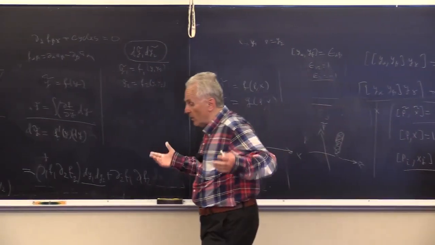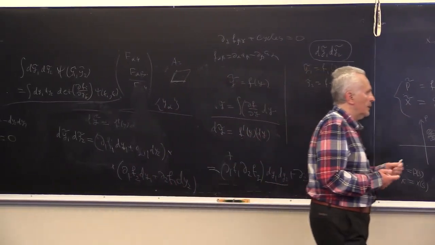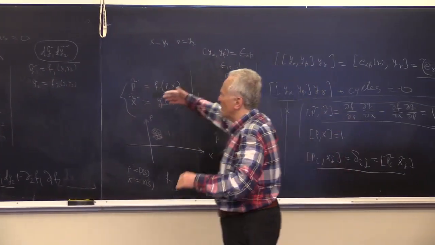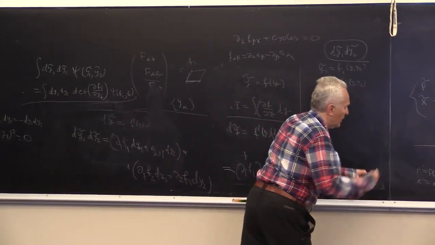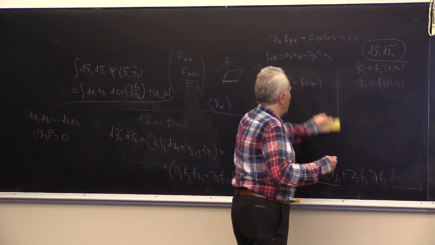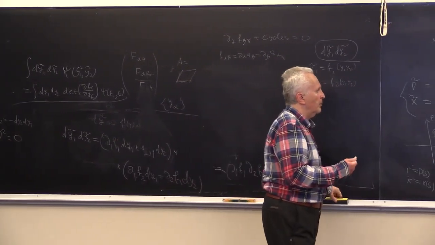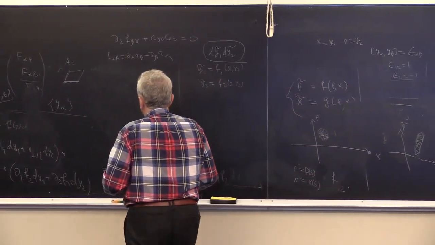So you can ask how to find the general canonical transformation. Well, I first have to explain why we're so interested in this canonicity. After we understand the meaning of canonicity, we will be able to solve problems with it.